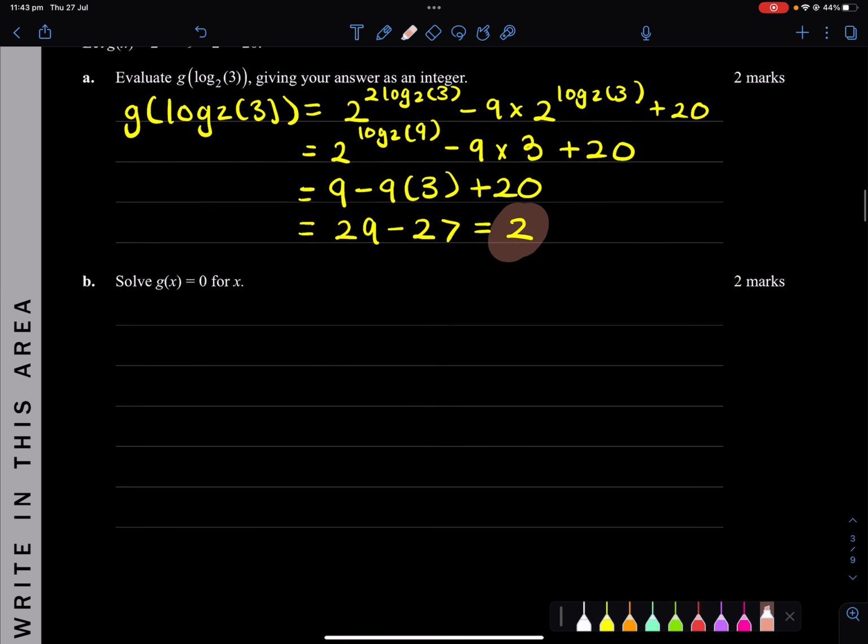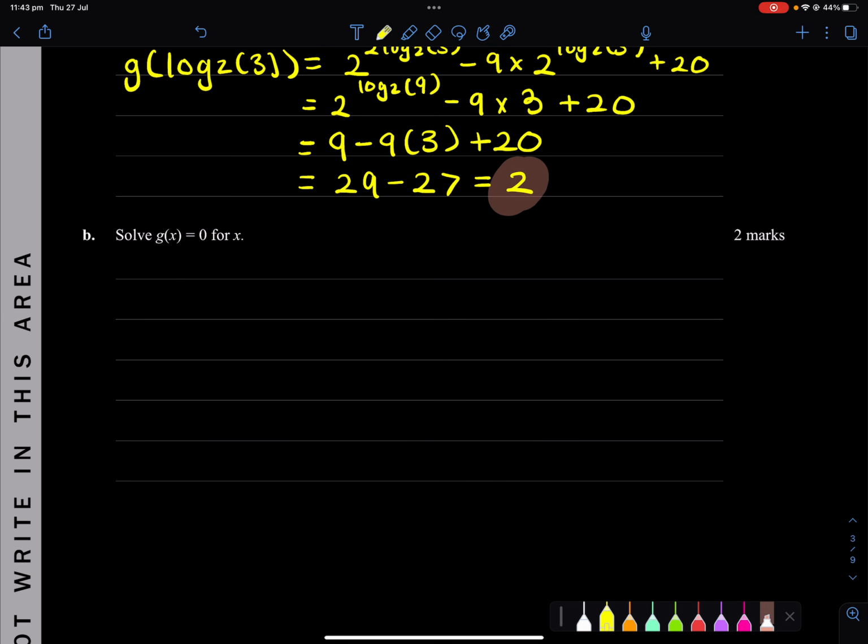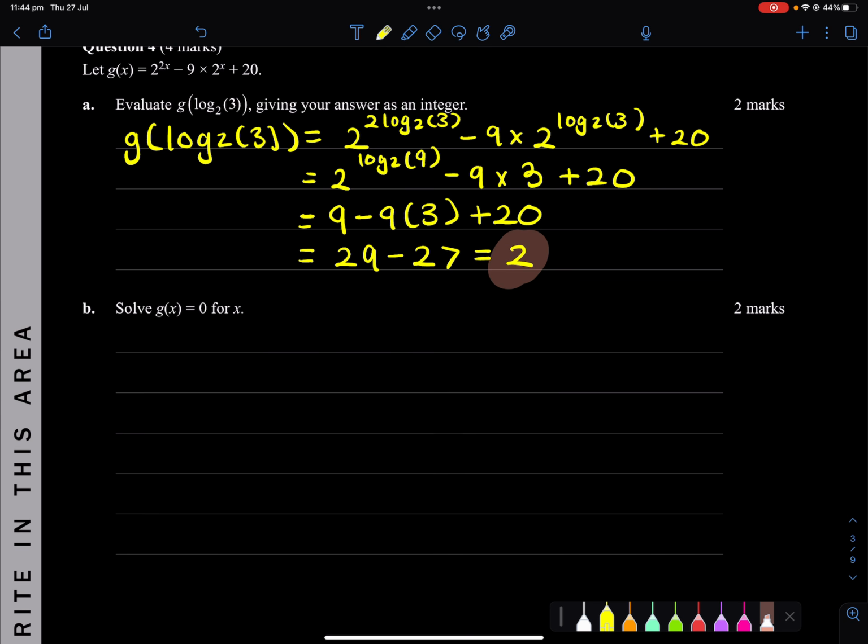That's that. Solve g of x equal to 0. Okay, I see a pattern here. It looks similar to a question that's in the textbook. So if we want g of x to equal 0, we'll say 2 to the x squared minus 9 times 2 to the x plus 20 equals 0. We let a variable u equal 2 to the power of x.